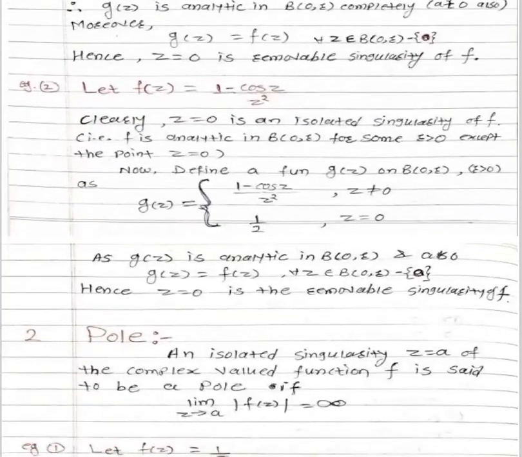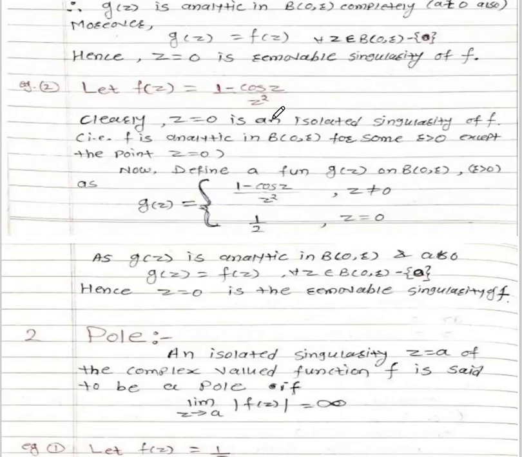Second example, we can see f of z equal to 1 minus cos z upon z square, which is also a removable singularity. If you observe z equal to 0, which gives the singularity, and which singularity? That is an isolated singularity of the function f. Clearly here we can say that f is analytic in an open circle whose center is 0 and radius r for some radius r greater than 0, except the point z equal to 0.